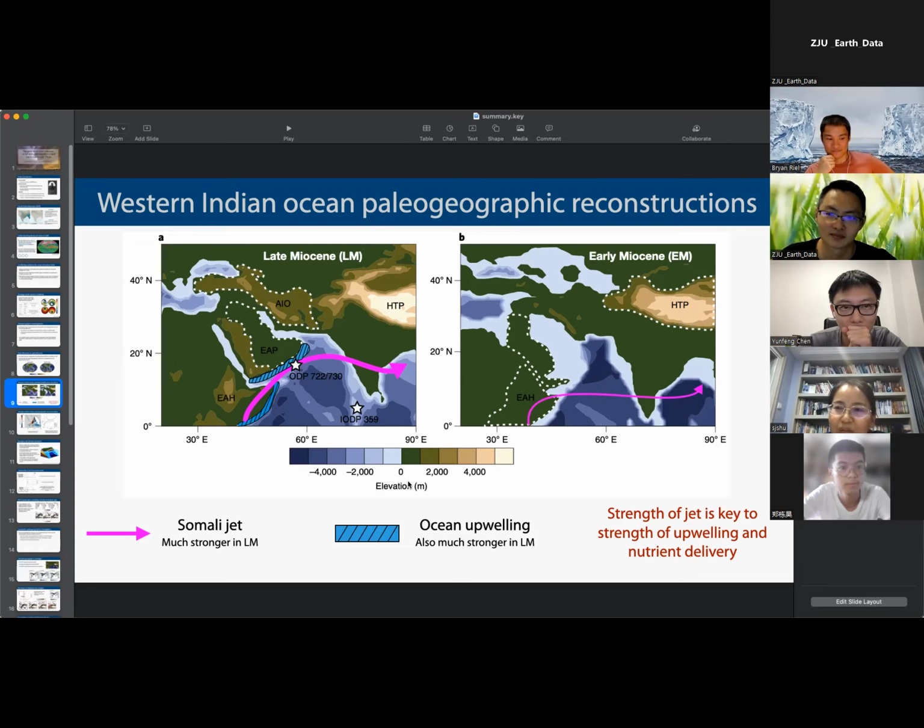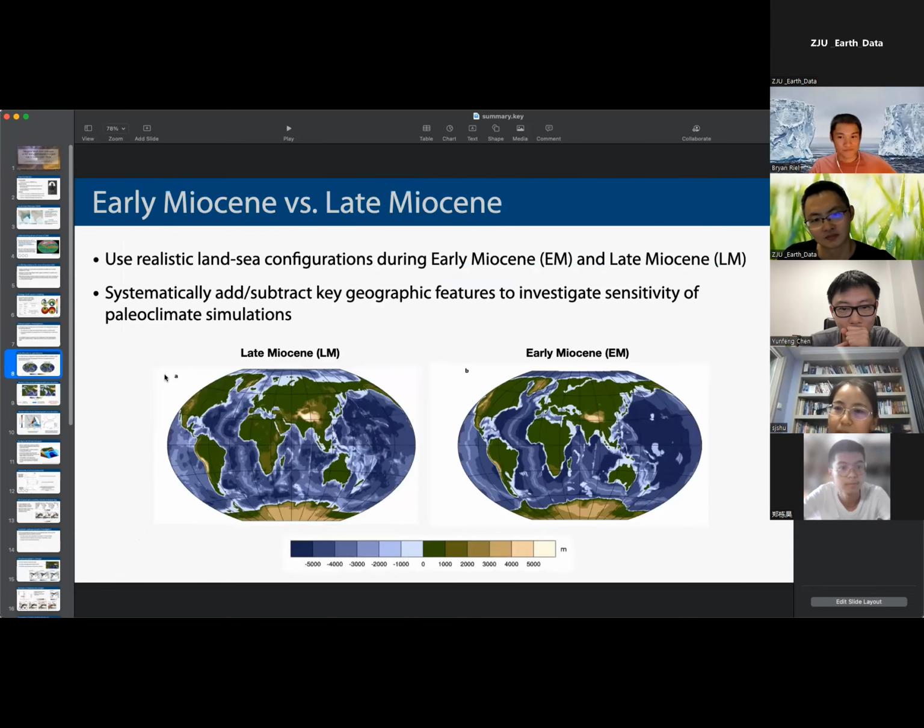I find the land-sea configuration around Australia is also different between the late Miocene and the early Miocene. Oh, really? Interesting. Yes, you're right.